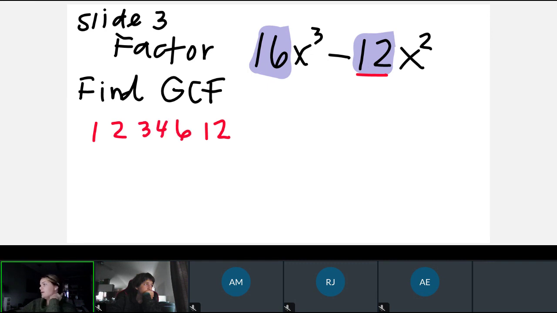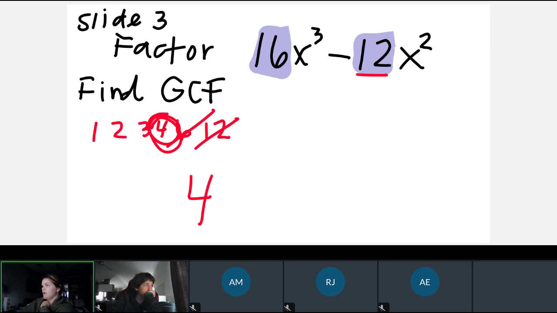So I'm trying to find the biggest number. If I start with 12, 12 does not divide 16 evenly. 16 divided by 6 is also not a whole number. So that leaves our biggest number to be 4. Exactly, Ben. Good. So our GCF for the numbers is 4.